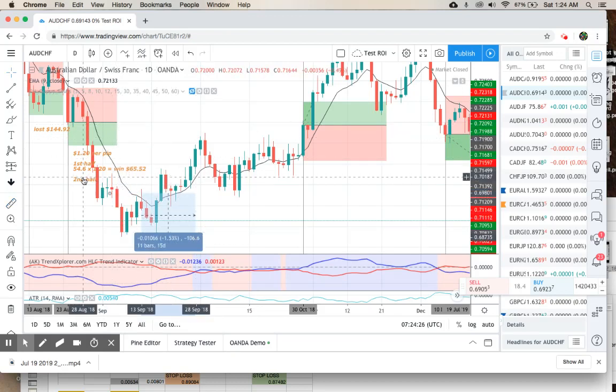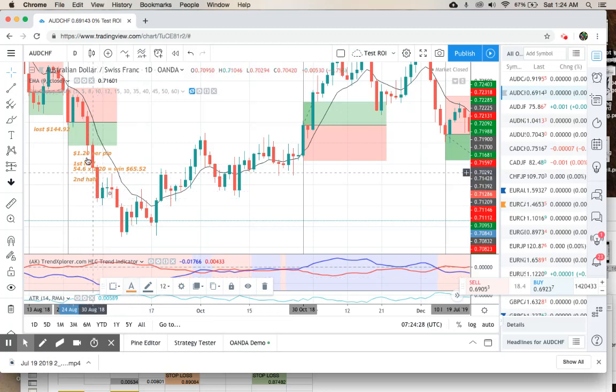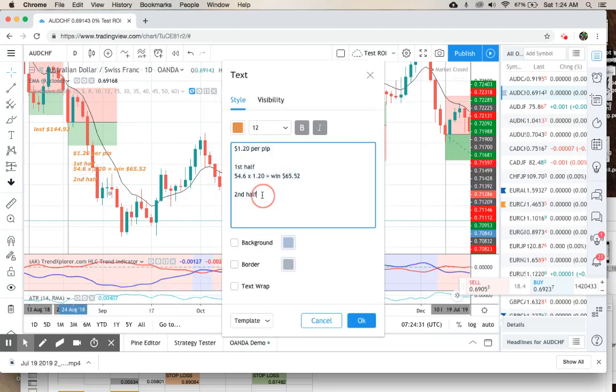So the second half of the trade, we're going to call it 170 pips times $1.20 a pip equals 170 times $1.20, so $204.